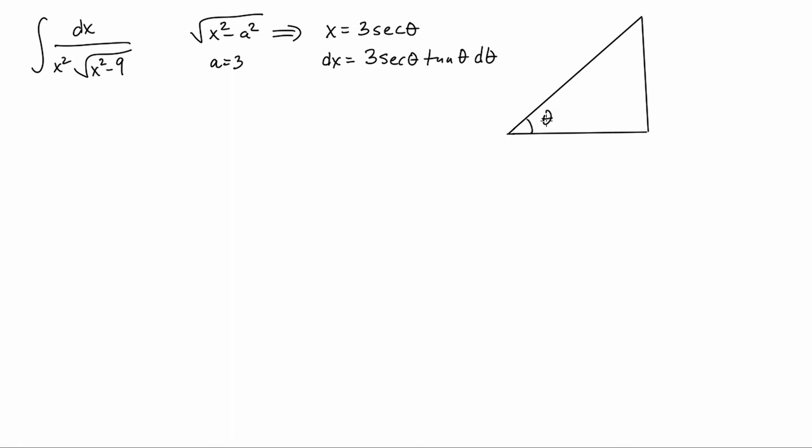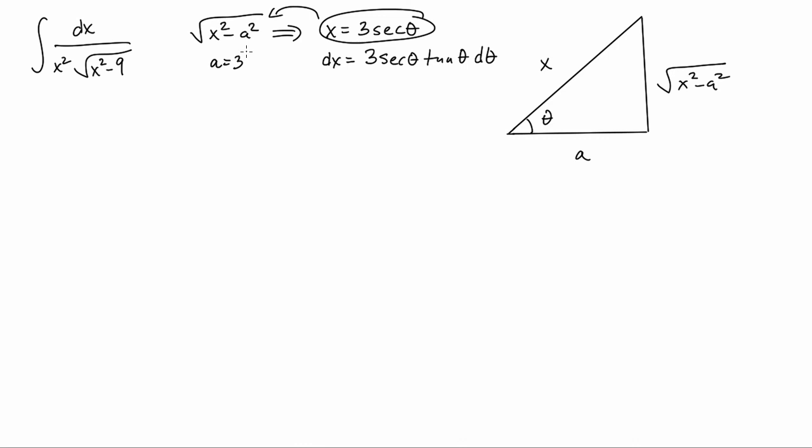This particular substitution comes from a triangle that looks like this. This is how the radical x squared minus a squared results. And so the question that I have is, if I plug this 3 secant theta back into the radical, what does it turn out to be? Well, without going through the algebra, we can actually answer that using the triangle itself.